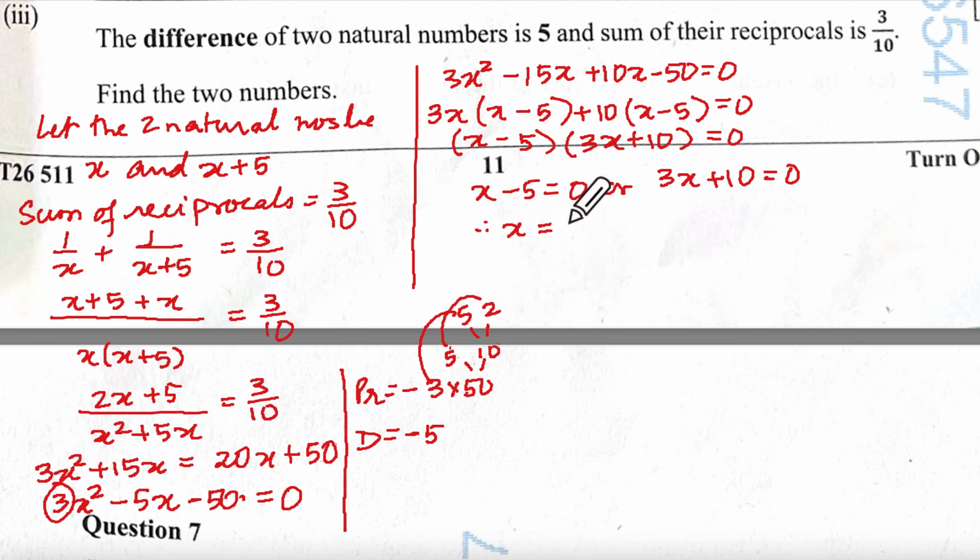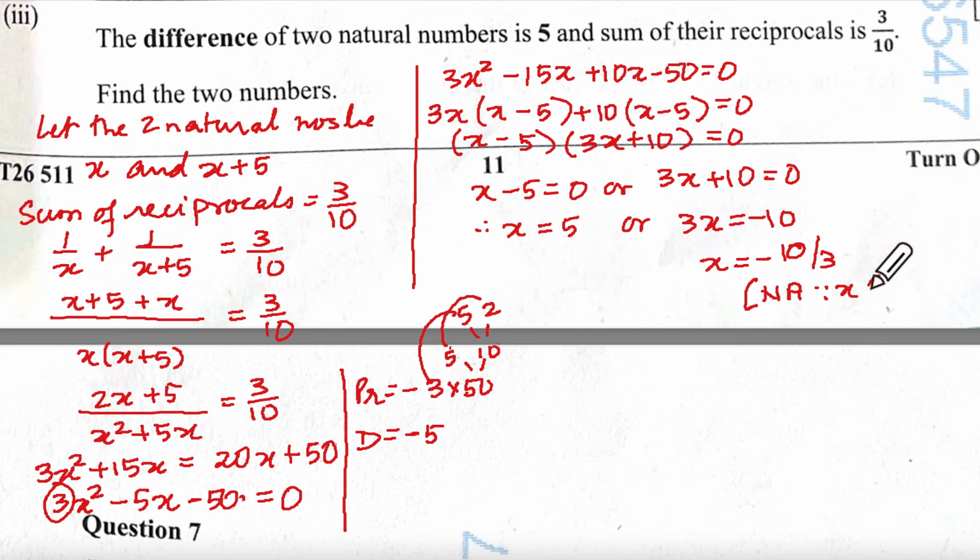So x is equal to 5 or 3x equal to minus 10, x equal to minus 10 upon 3. This will be not applicable since x is a natural number.